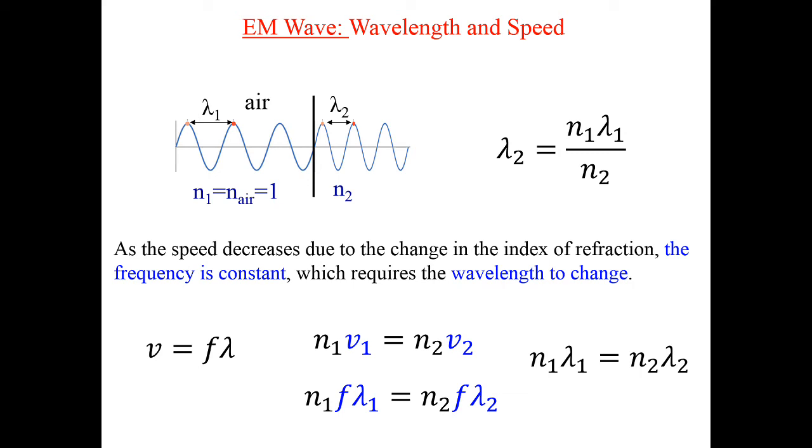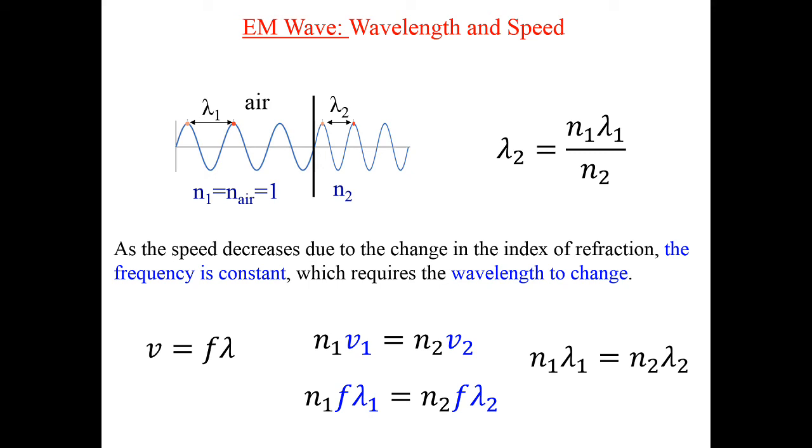So, when the electromagnetic radiation moves through the interface, we get a new wavelength. The wavelength uses the symbol lambda, which kind of looks like an upside down Y. So lambda 2, the wavelength in the new material, is equal to the index of refraction of the first material times the original wavelength, lambda 1, divided by the index of refraction of 2.